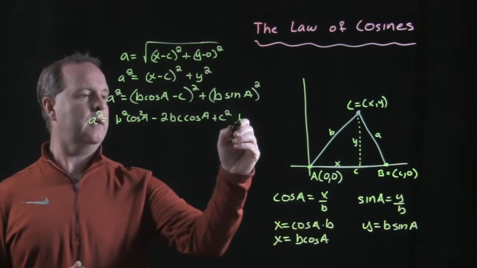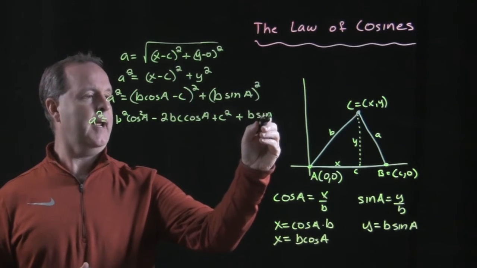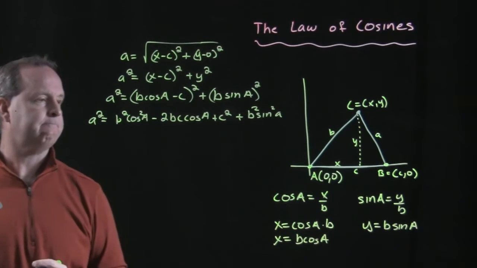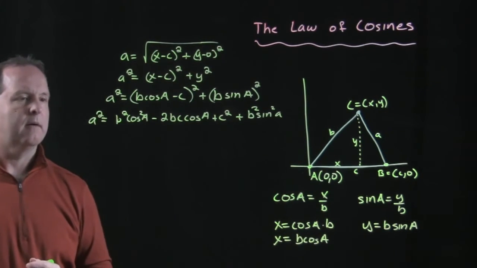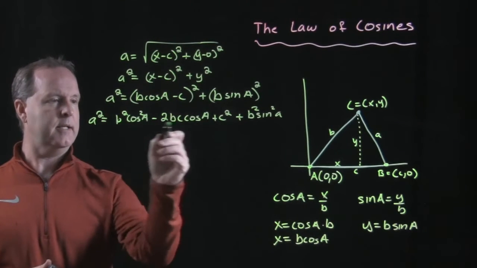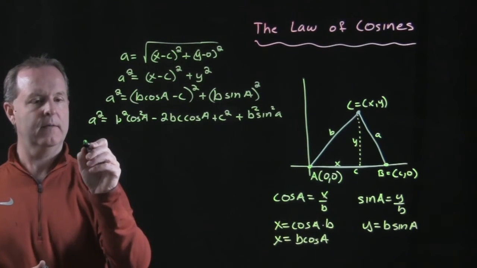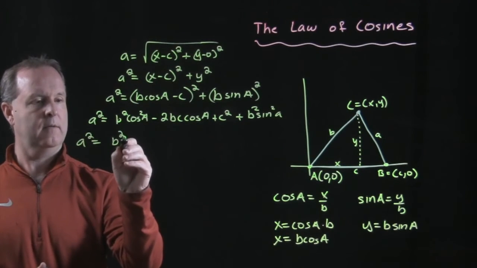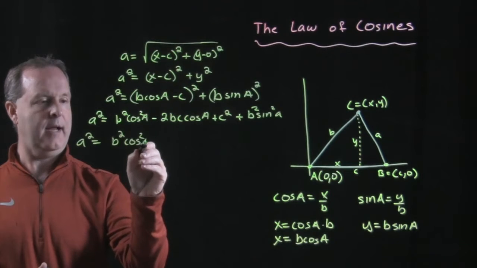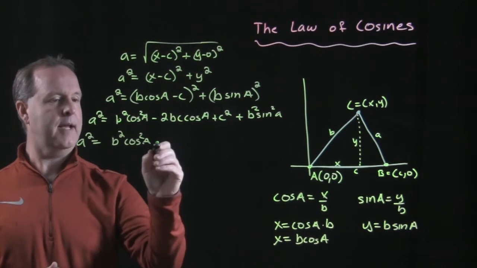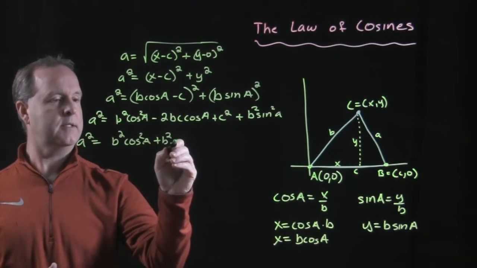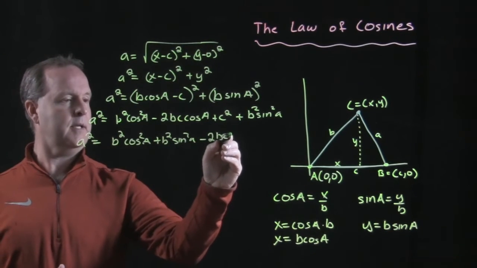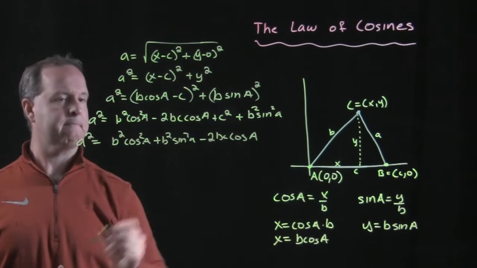And then I have over here still the b sine A. I'm going to make that b squared sine squared A. I can collect some of these terms here. So a squared, I'm going to associate the b squared cosine squared A next to the b squared sine squared A, minus 2bc cosine A.